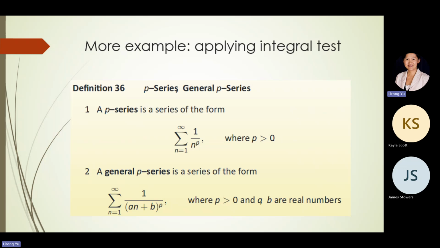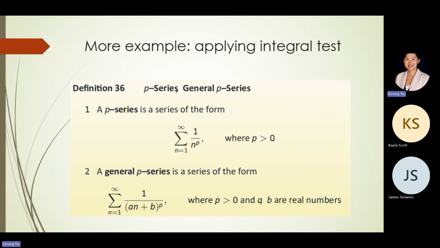A P series is a special form of series. And below we have a general P series, which could also be a to the power p. So that's a power series.